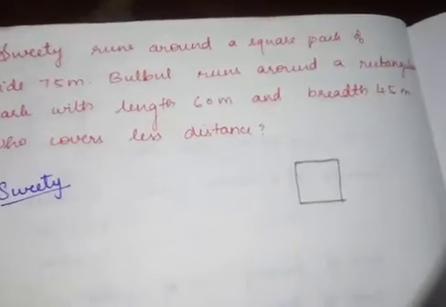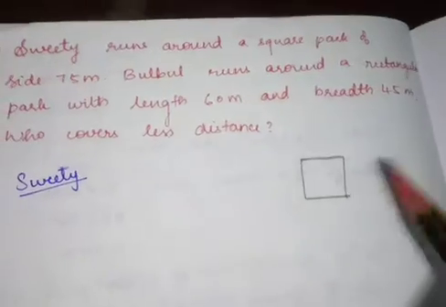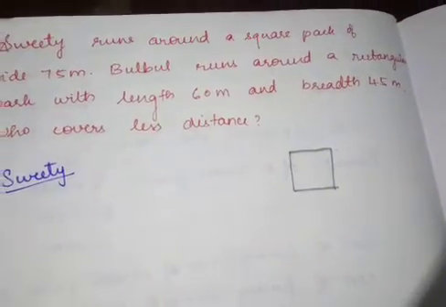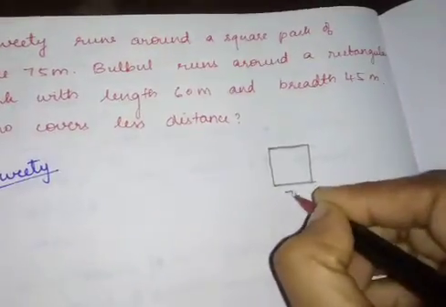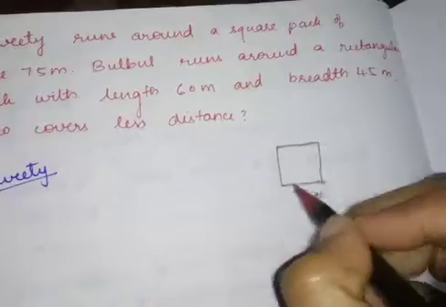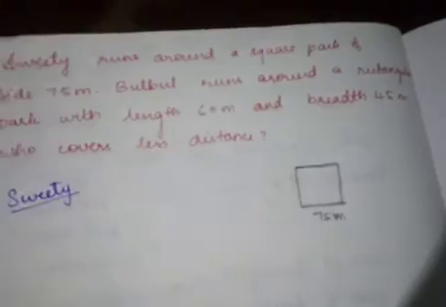That is our question. Now I'll deal with Sweetie. Okay, so Sweetie is running through a square park, correct? So what is the side of the square park? 75 meter. So running around a square park means what? She is running on this boundary. So if she is running on this boundary, she is covering the perimeter.